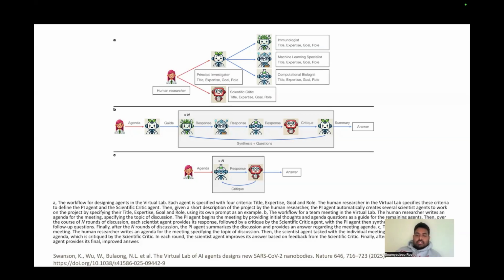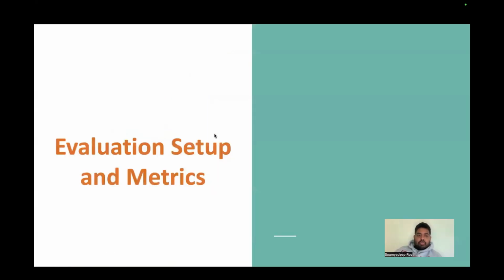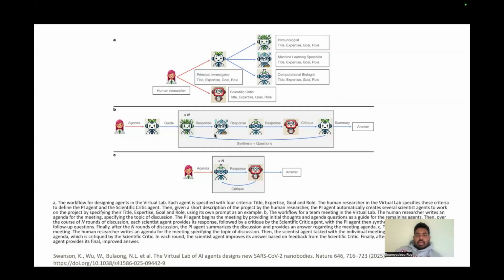Say the human researcher writes a discussion or an agenda for the meeting, and then onwards everything is taken care of. So we have a PI who is supervising the three immunologists, machine learning experts, and computational biologists, and there's also a critique agent which critiques the ideas developed by the PI or the summaries that they have. Right? You can go into it in much more detail.